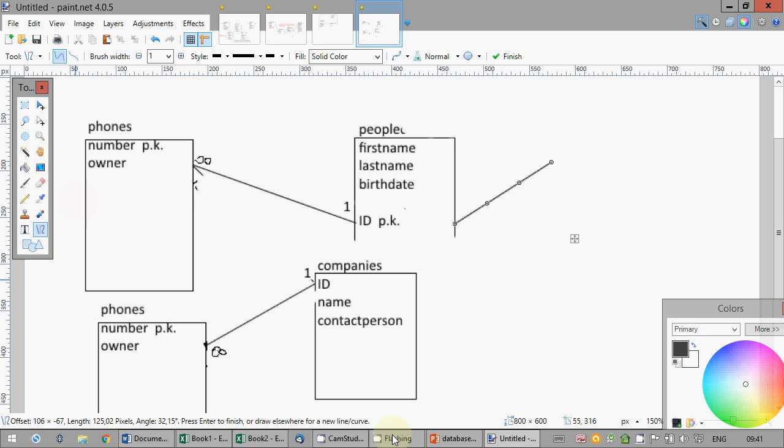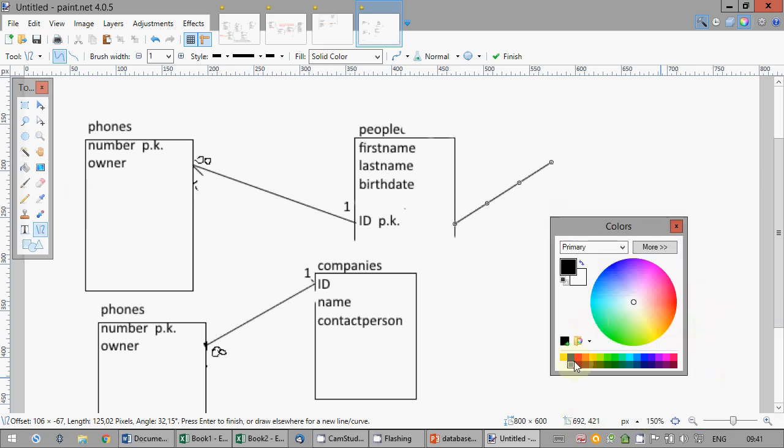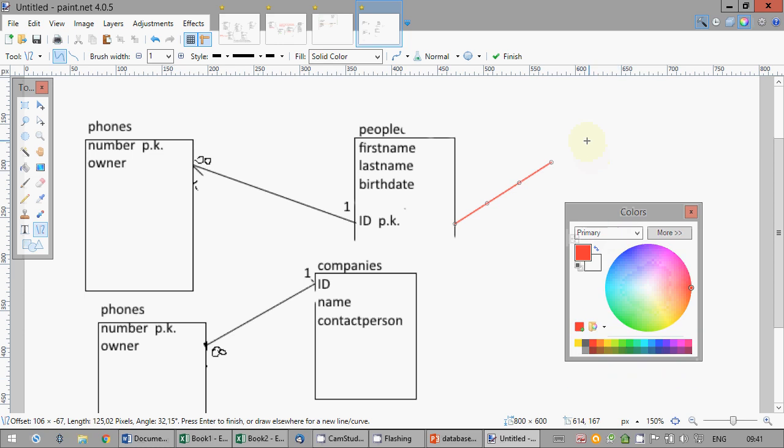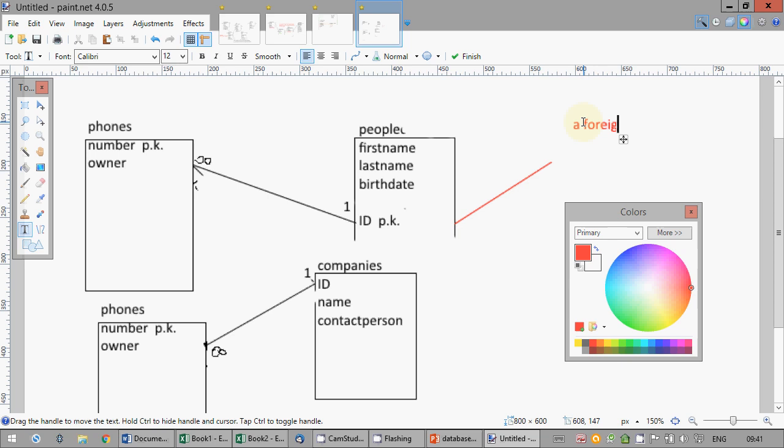So I will write here in red, a foreign key may not have more.